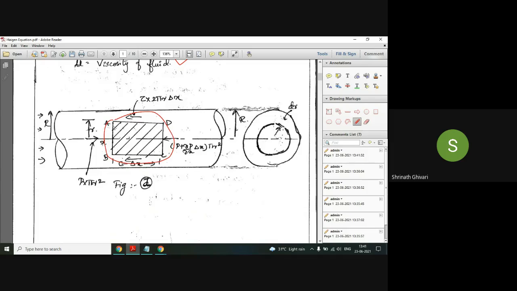This fluid element is of radius small r and length delta x. On the face AB we are facing a pressure force, P into pi r square.